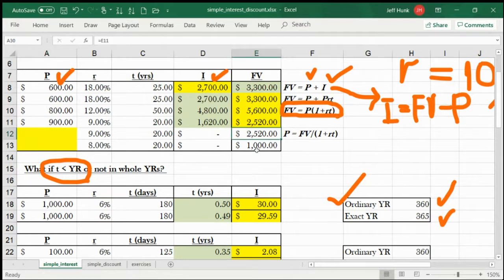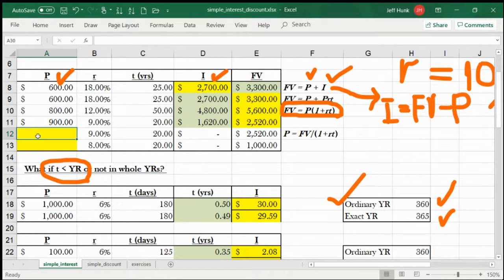If the future value is given, in other words, future value is known, and interest rate is known, time is known, what should be the principal? How do you solve for principal?